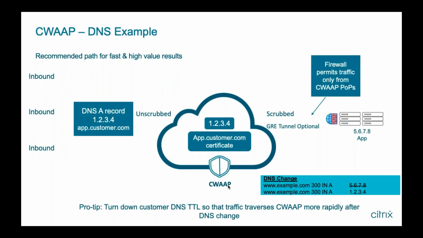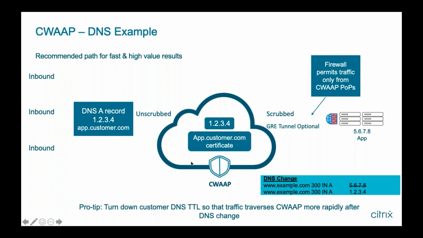Now, if you look at the DNS example, if you have your application in a data center with, let's say, IP address 5.6.7.8, as you put your application on CWAP, you can see a different IP, 1.2.3.4, on CWAP.